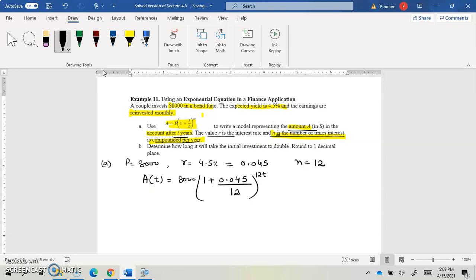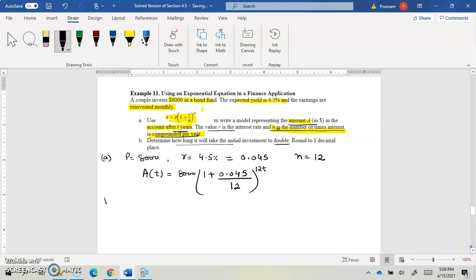Part B, determine how long it will take the initial investment to double. That means double, meaning the amount would be equal to double of 8,000, which is $16,000.